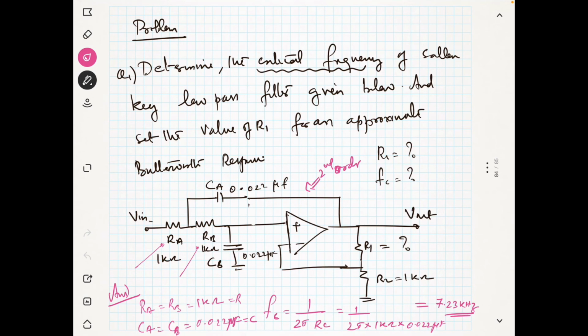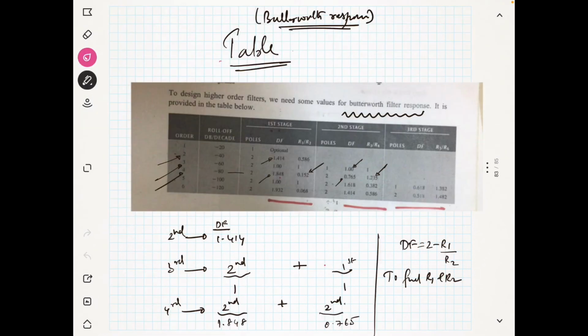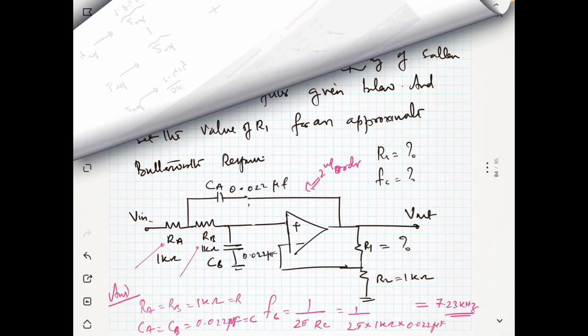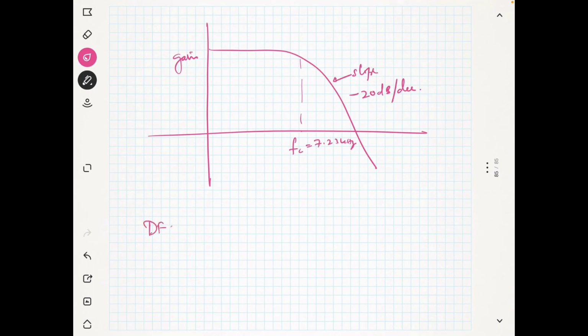Now we need to find the value of R1, but you know the damping factor for a second order filter. For a second order filter, the damping factor is 1.414, or R1 by R2 is 0.586. The damping factor is 2 minus R1 by R2, which is equal to 1.414.